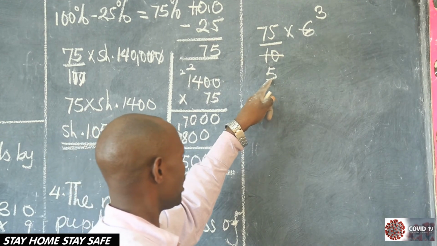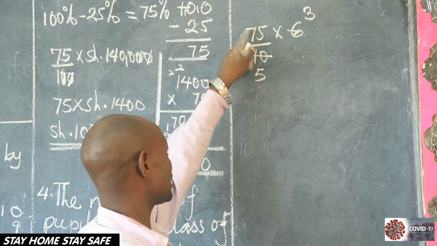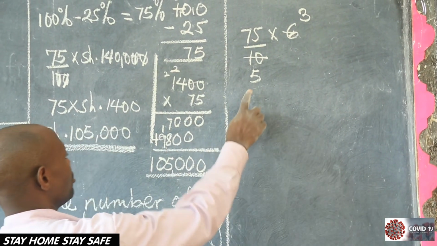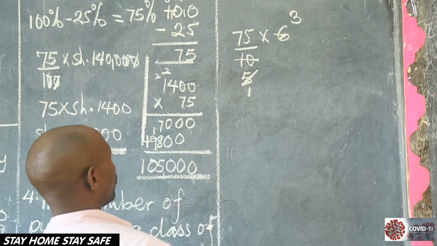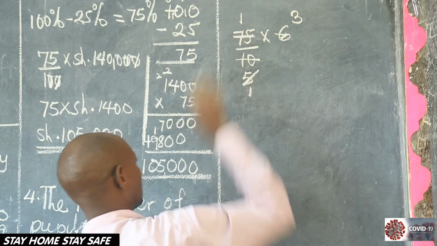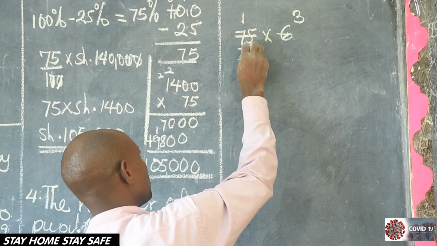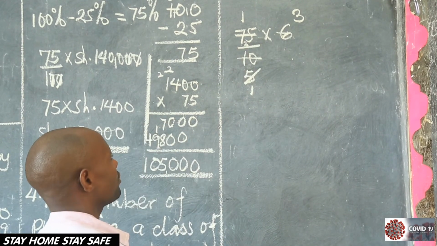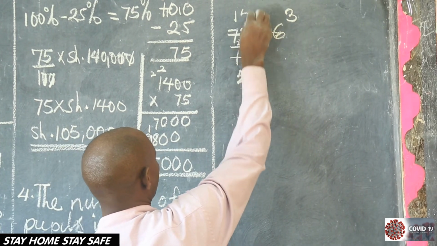Now I have this 5. Can 5 divide 3? Obviously no. But can 5 divide 75? Yes. So we are going to reduce 5 in 75. 5 divided by 5, we get 1. 7 divided by 5, we get 1. And what is the remainder? The remainder is 2. You put that remainder 2 here to make it 25. 25 divided by the same 5, we get 5.